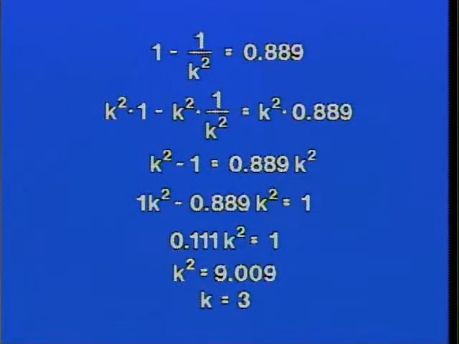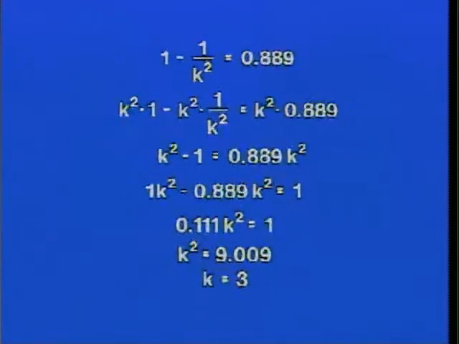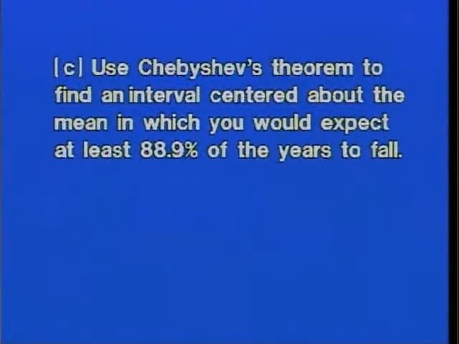Now, it's not precisely 3, it's 3.00 and so on, but it's very close to 3. So the number of standard deviations here is 3, and this is what we kind of expected if we're familiar with Chebyshev's theorem. Well, we'll go through then and answer the question, and we can make the calculation sort of geometrically as we did before.